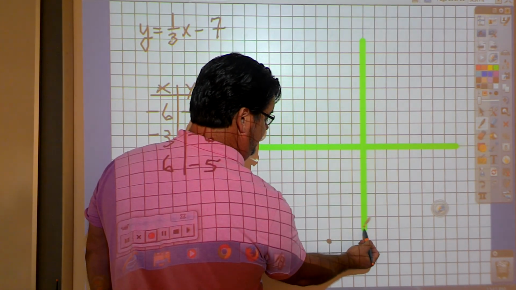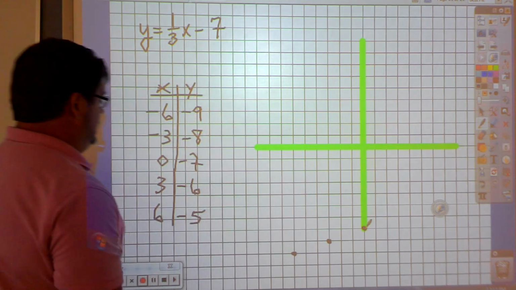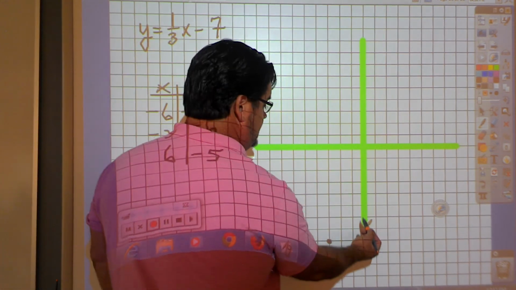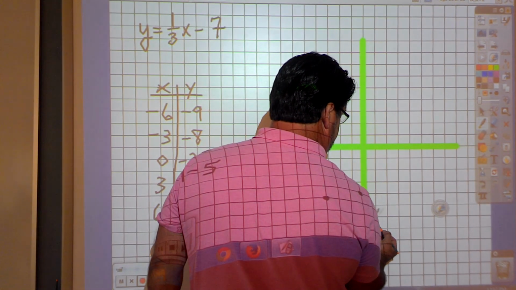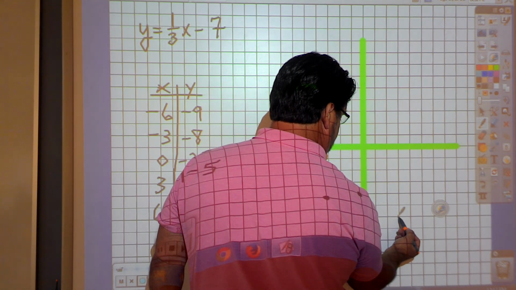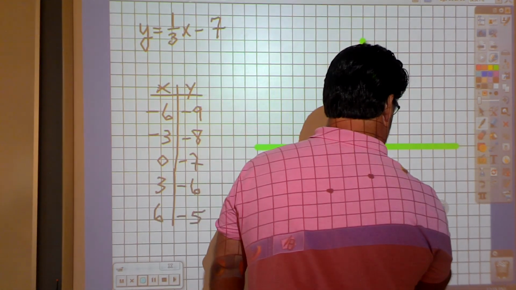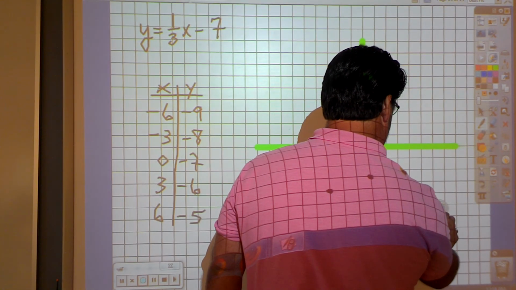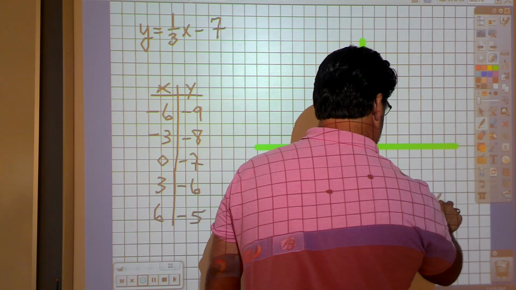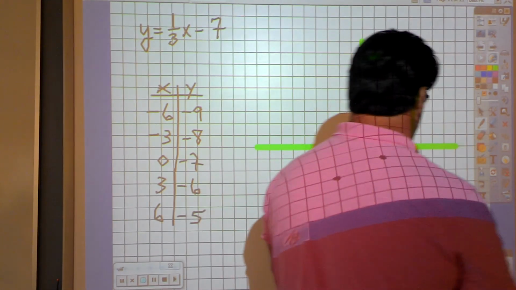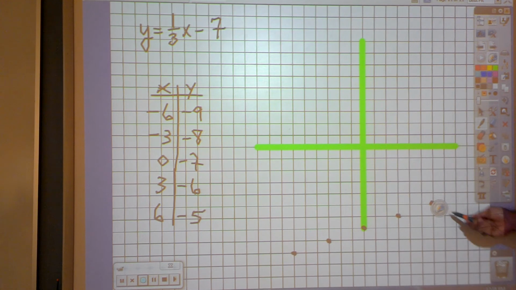And then 3, -6. And then 6, -5. So our line now.